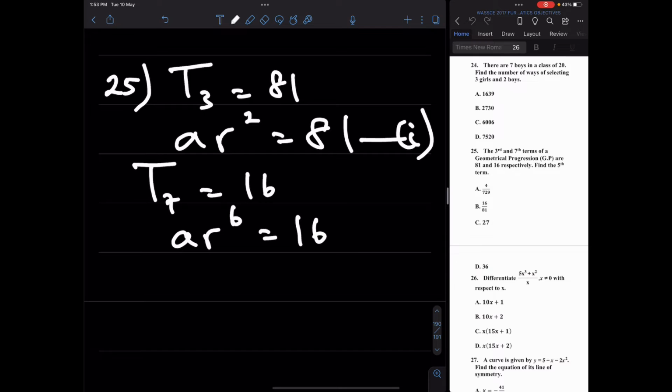The total score of the class, that means the scores of all of the students, girls and boys put together, divided by the total number of students, will be the average, and that's 90.